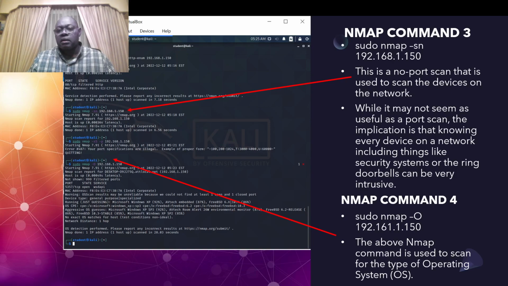The fourth Nmap command was the Nmap -O command. This command is used to scan for the type of operating system.